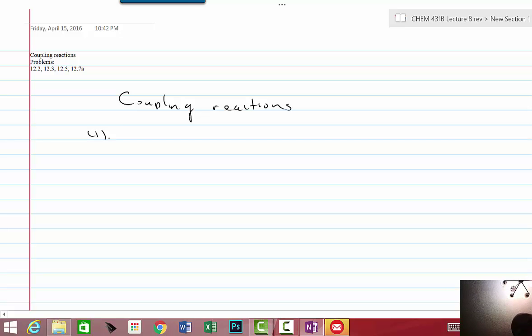So we'll start off with coupling reactions. And here is an example of one reaction where you have A going to B, and the delta G under standard conditions is going to be equal to 10 kilojoules per mole.